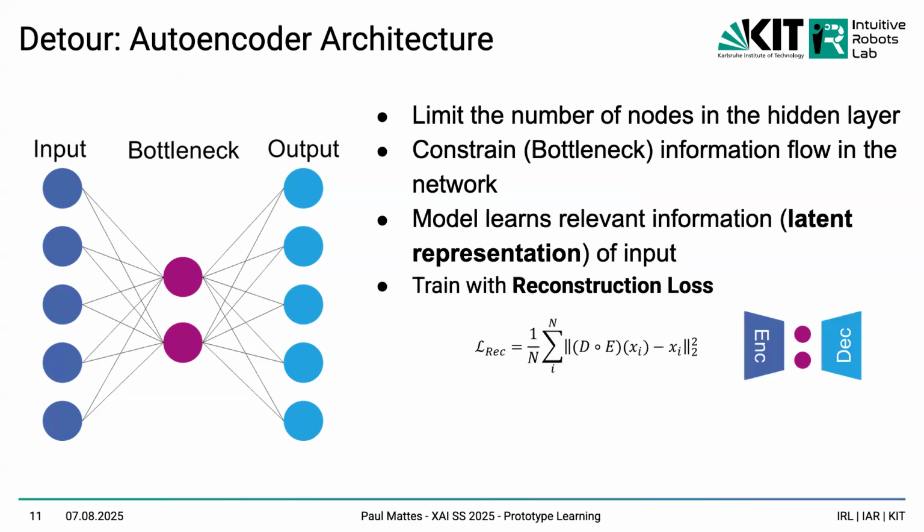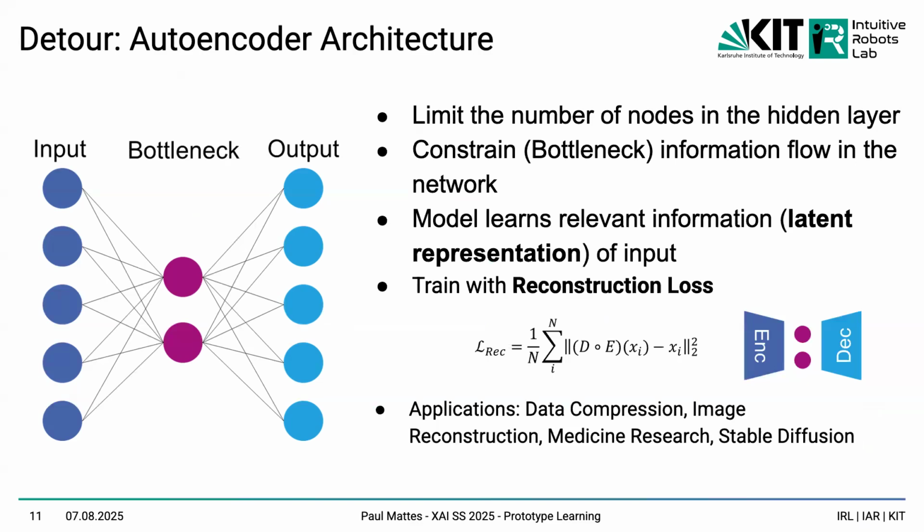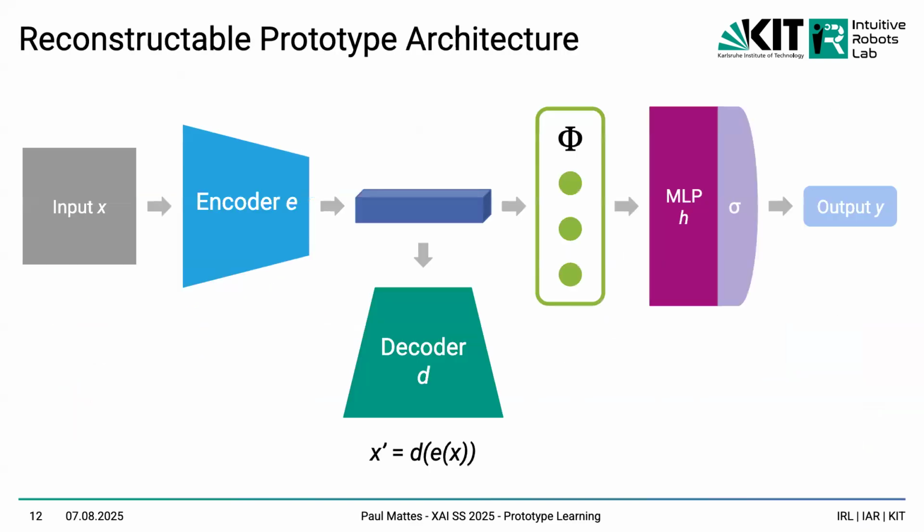And therefore, we need a reconstruction loss, because whatever input, maybe an image we put in there, at the end, we want to have the same RGB values in our image again. So we can use this as our loss. And this reconstruction loss we can actually also use for prototype learning in our architecture.